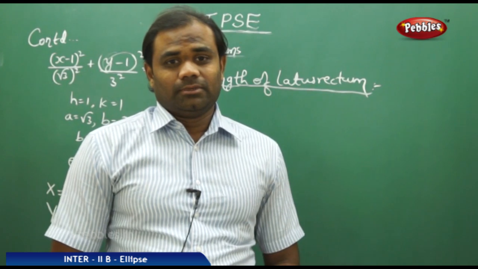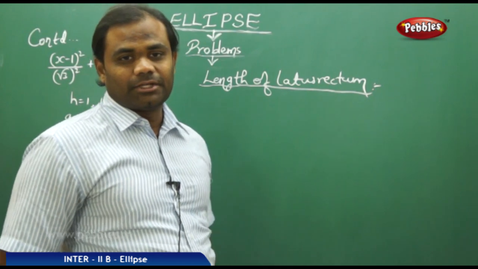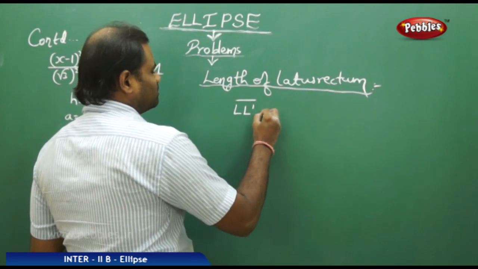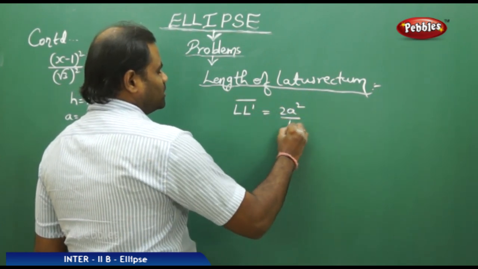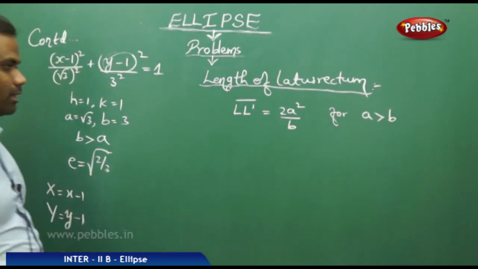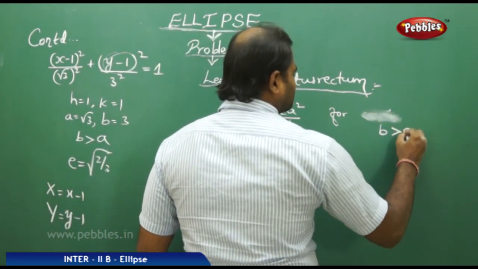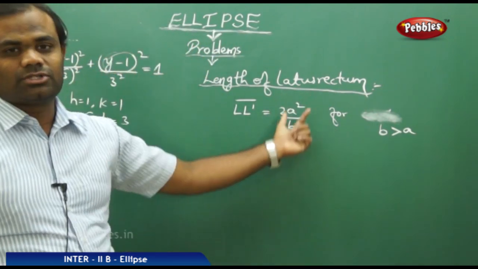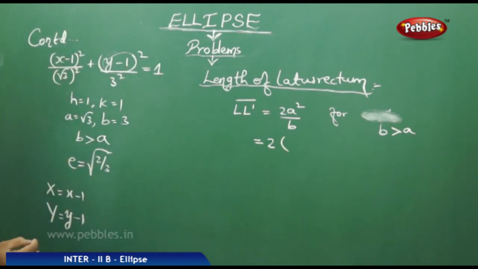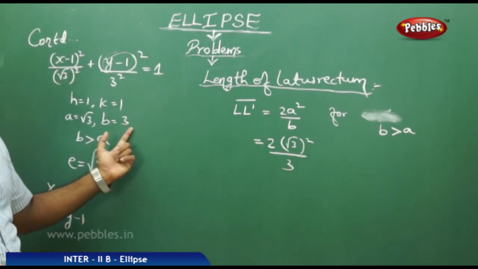Length of latus rectum. Now we have the length of latus rectum. There are two latera recta, LL dash and MM dash, which are equal. We know that the length of latus rectum is given by the formula 2a square by b for a less than b, or b greater than a. So for this case, the latus rectum is 2a square by b, which on substitution gives 2 times a square, which is root 3 whole square, by b, which is 3.